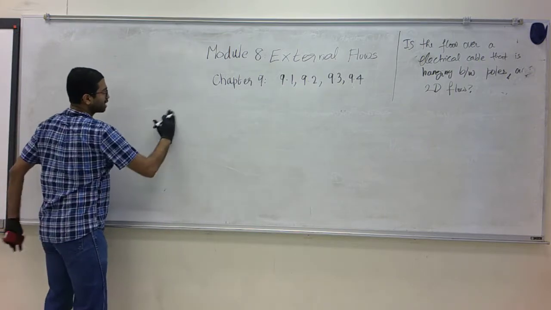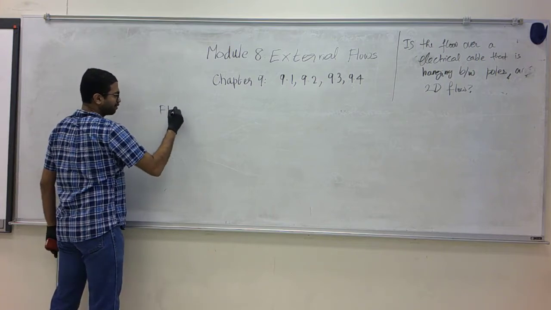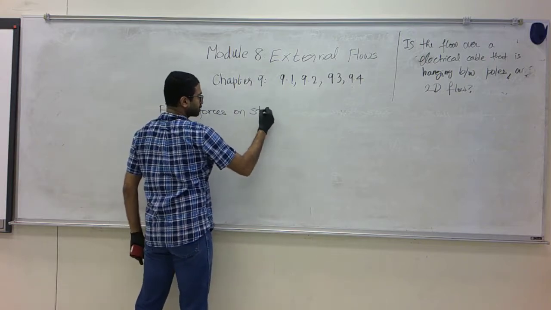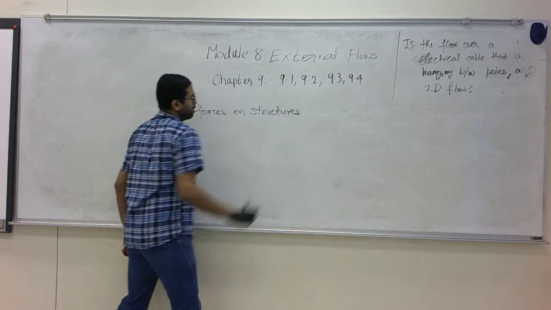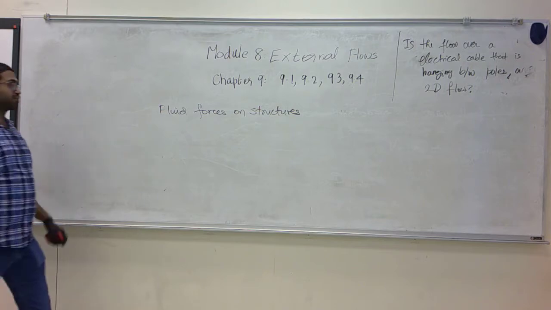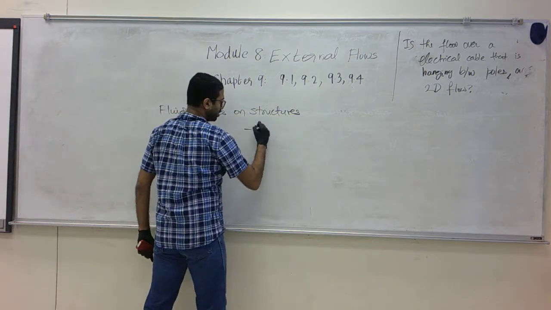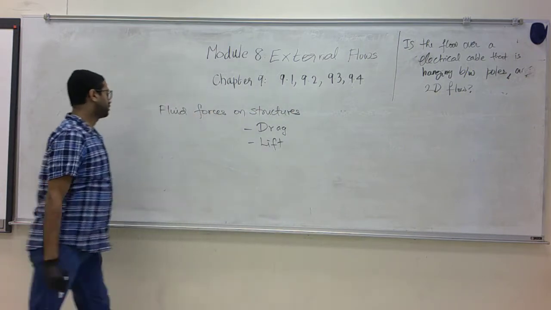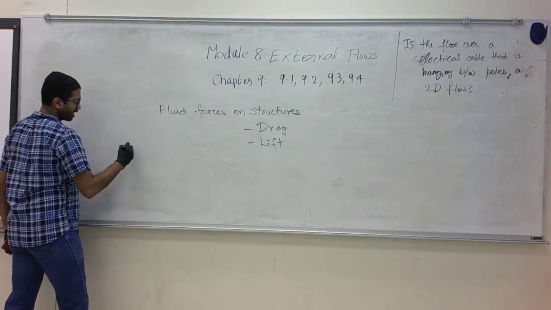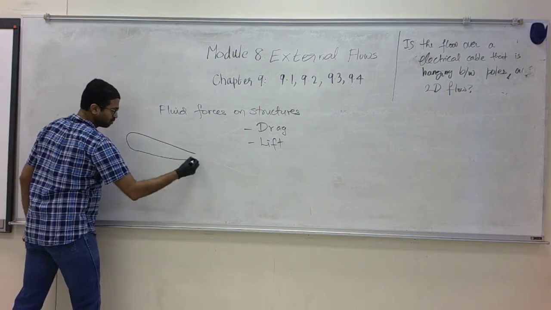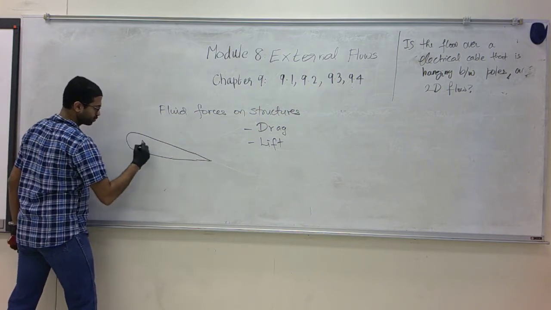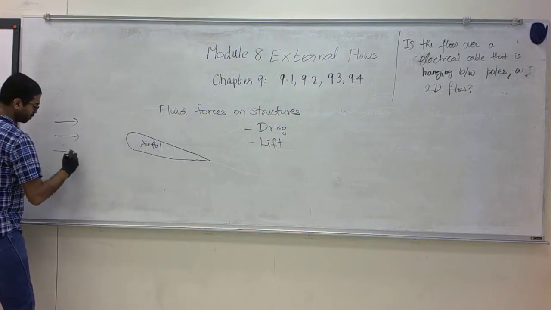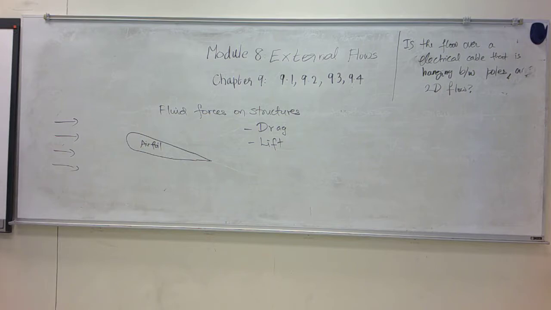So we all know the common manifestation of fluid forces on structures. They can be classified into two terms. It's called drag and lift. That is, if you have a structure, let's say I think of an airfoil, and I have a uniform flow that is far away from the airfoil.